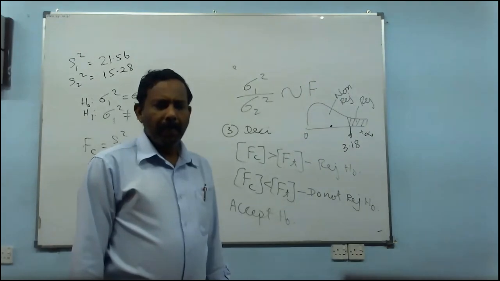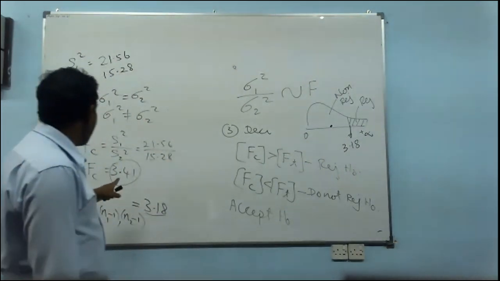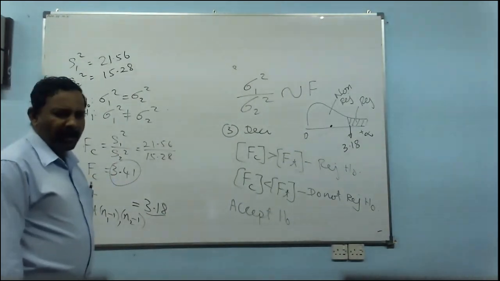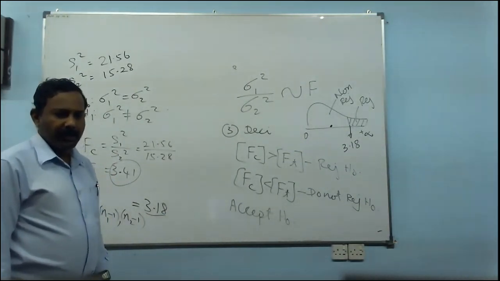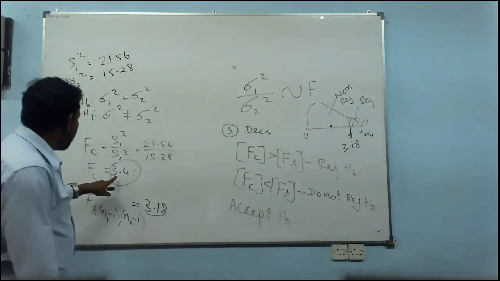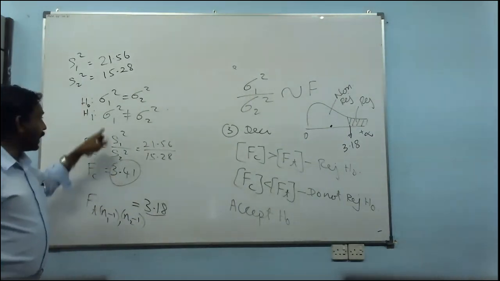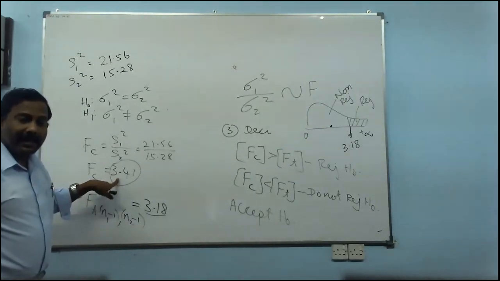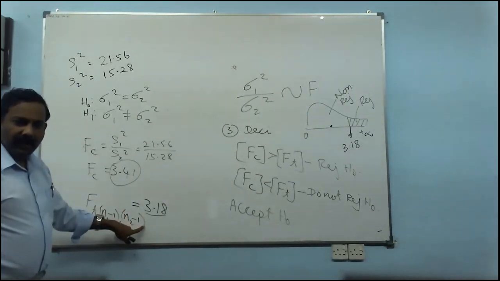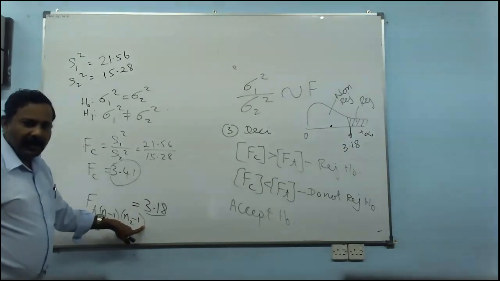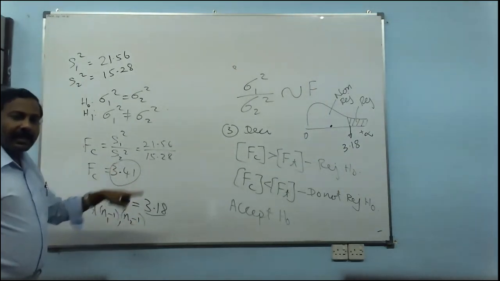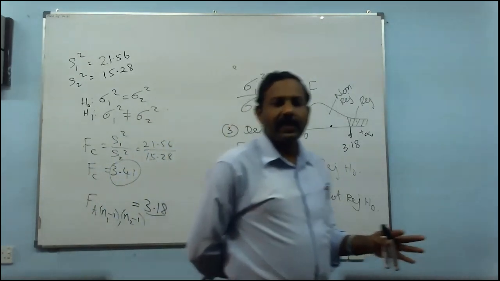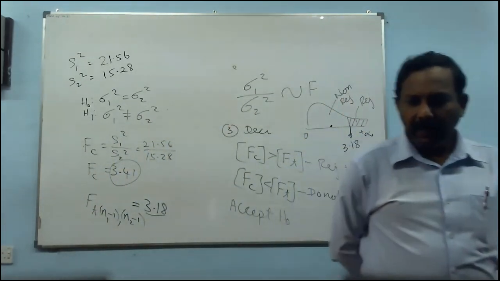If the calculated value is less than the table value, that is non-rejecting of the null hypothesis. In another example, if I get a calculated value which is higher than the table value, you get the point? Then we reject our null hypothesis, so the homogeneity of variance cannot be further assumed.